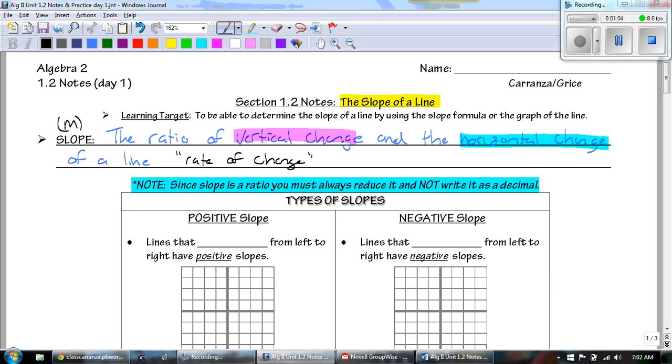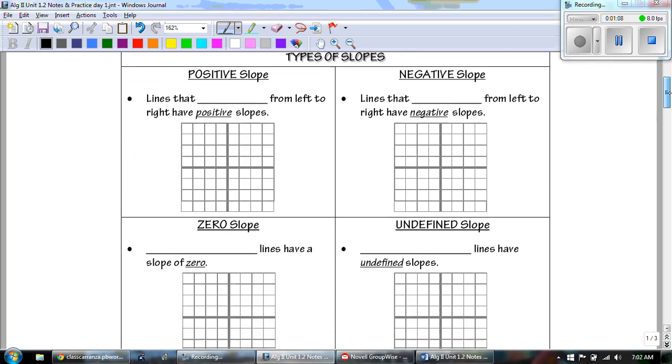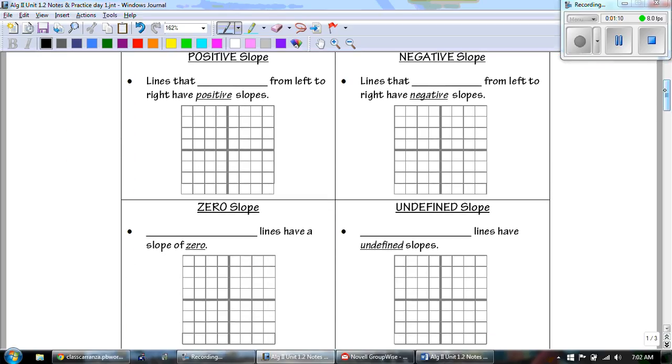Okay? So if we have a positive slope, that is a line that rises from left to right. So that has a positive slope. A line that rises from left to right could look like this.